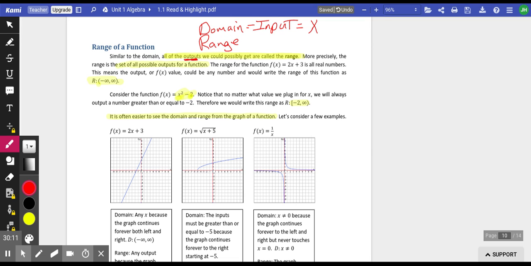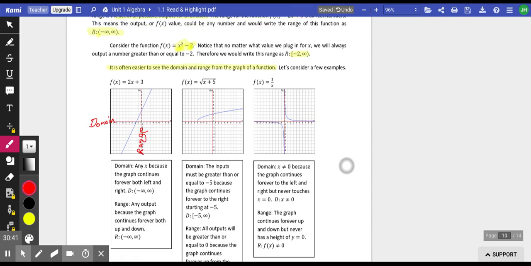That's right, it's the outputs. What was the variable? Well, it was f of x, or we used that to replace y. That's right, y. So here, this is the domain, and this is the range. The y is the range. So it's a little bit easier to see it on a graph.